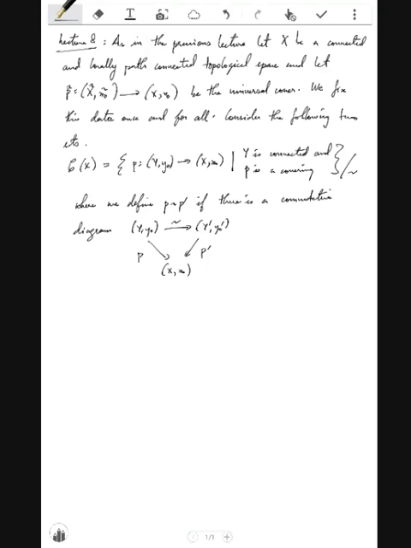So the second set is the set of subgroups of Aut p tilde, S of Aut p tilde.